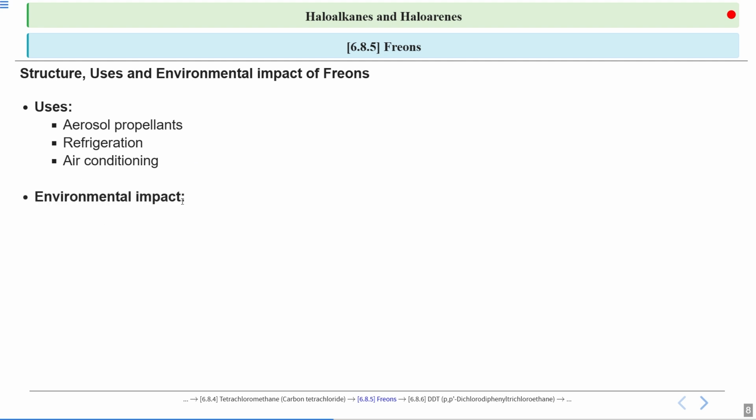What is the environmental impact if freon is released into the environment? Eventually it diffuses unchanged into the stratosphere.